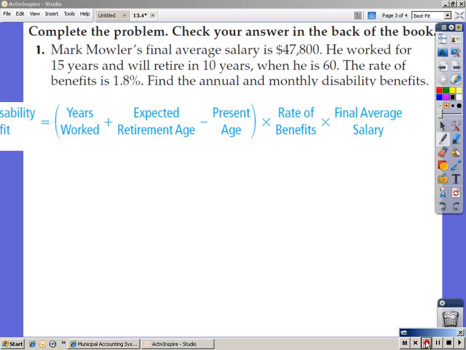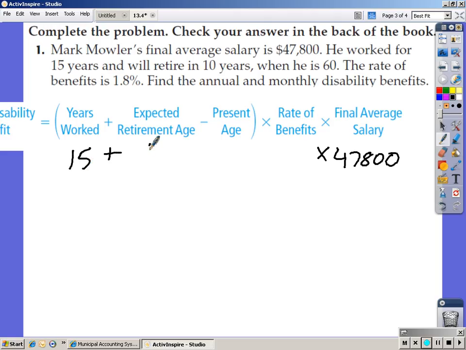Okay, let's work this out. Final average salary was $47,800. He worked for 15 years. He wants to retire in 10 years when he's 60, which means that he's 50, times the rate of benefits, which is 1.8%.